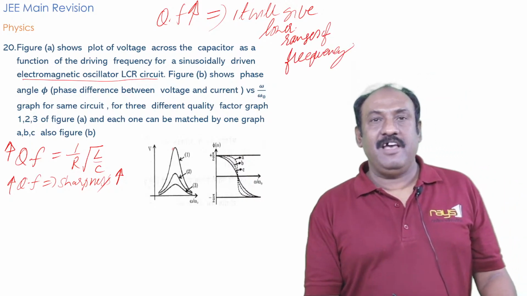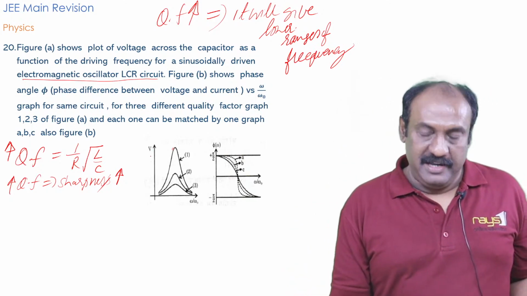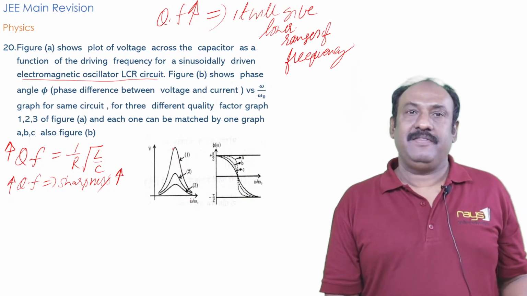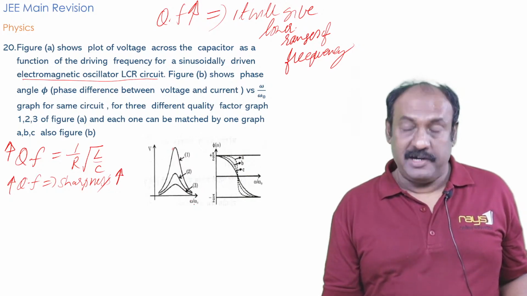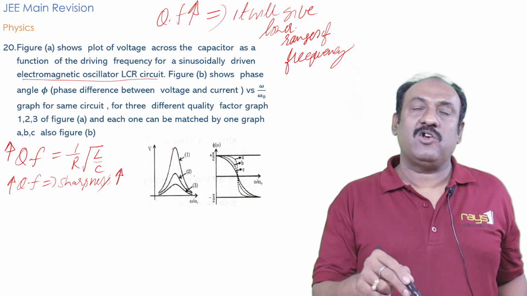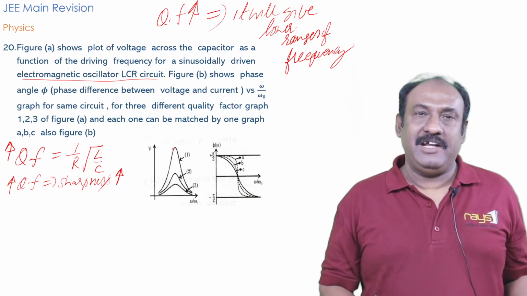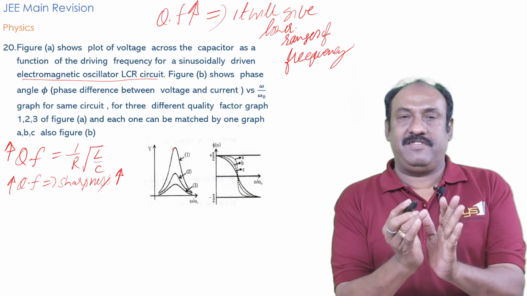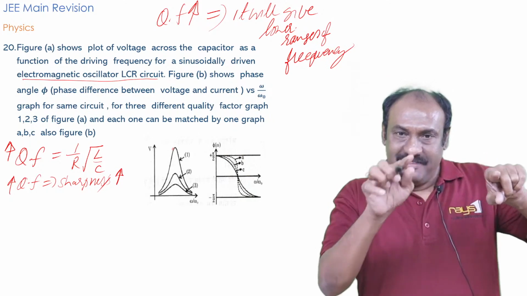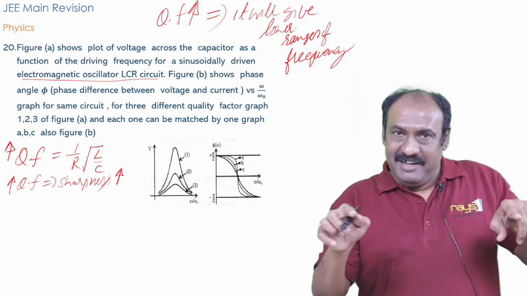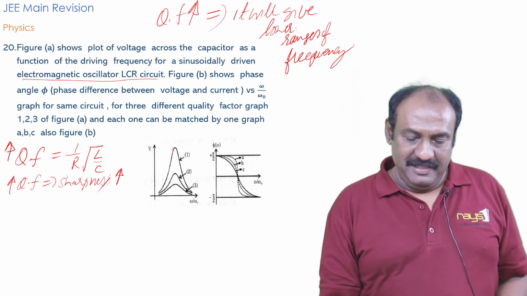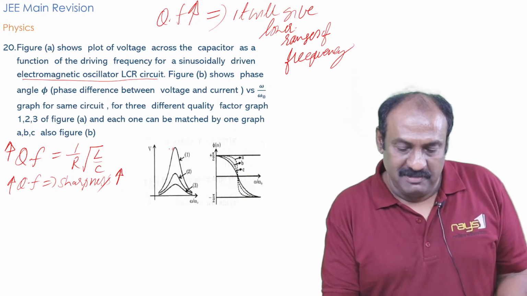For any LCR circuit, if you plot a graph between the applied AC voltage and the ratio omega to omega naught, then if any graph has a higher quality factor, it will give lower ranges of frequencies. If sharpness is more, it will give a lower range of frequencies. If sharpness is less, then it will give higher ranges of frequencies. So in this case, in graph 1 the sharpness is more.